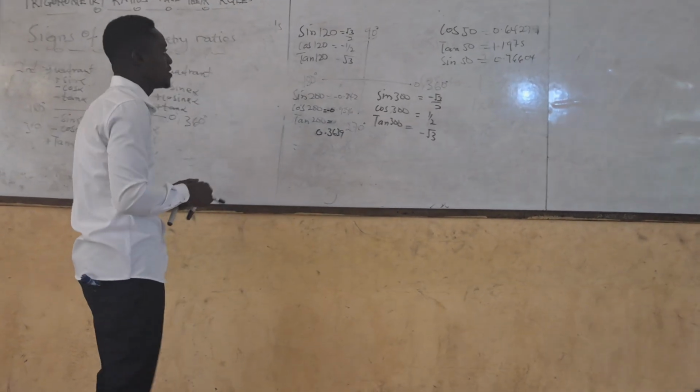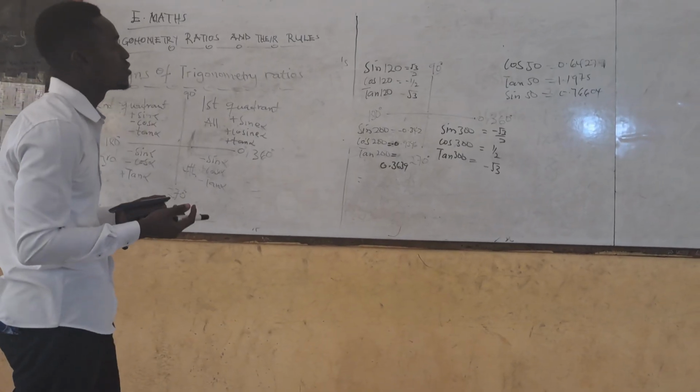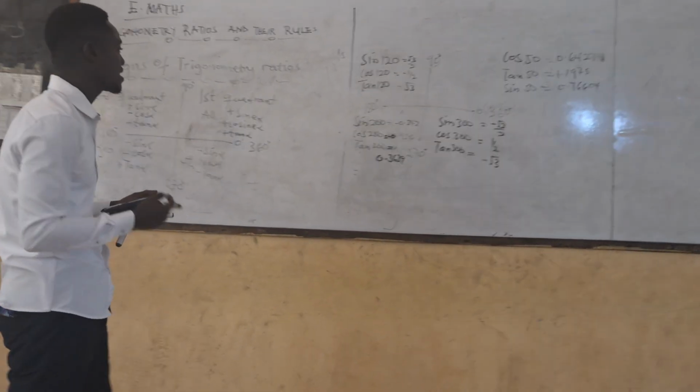So as you can see, in the fourth quadrant, only cos is positive and the rest are negative.